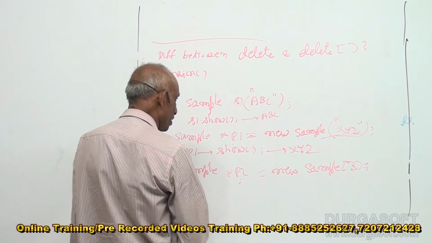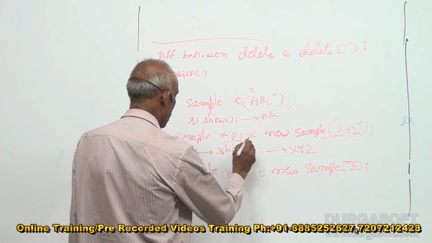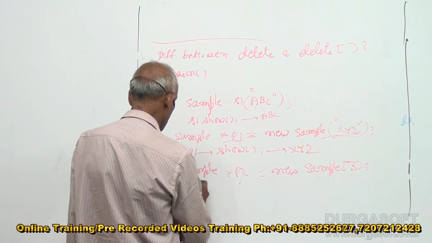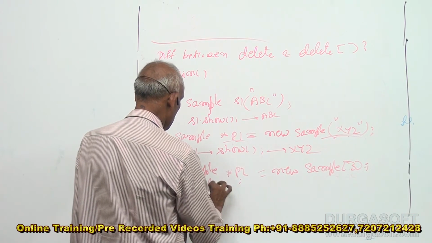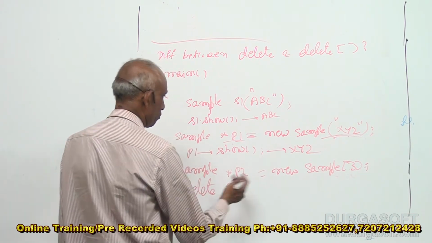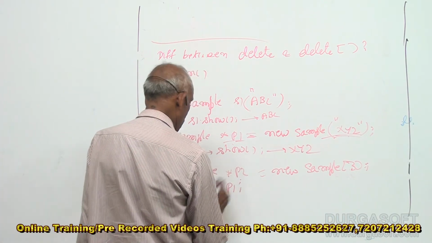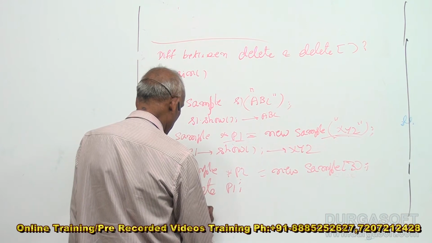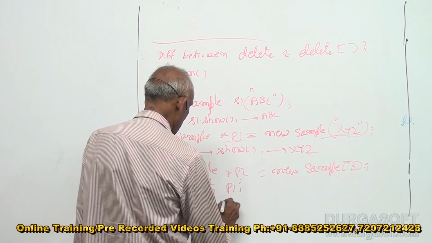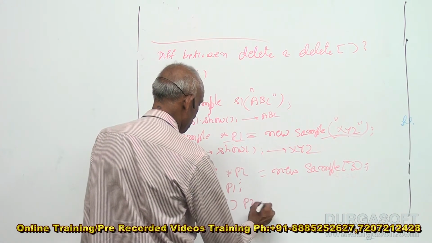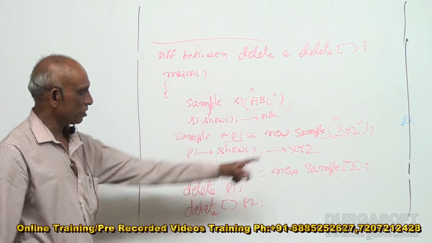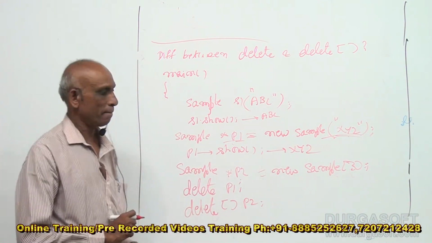So how do I delete it? P1 only one object, so I can say delete P1. Enough, it will delete one object. Now what about P2? That is an array. I should say delete array P2. So all the 3 objects are deleted.